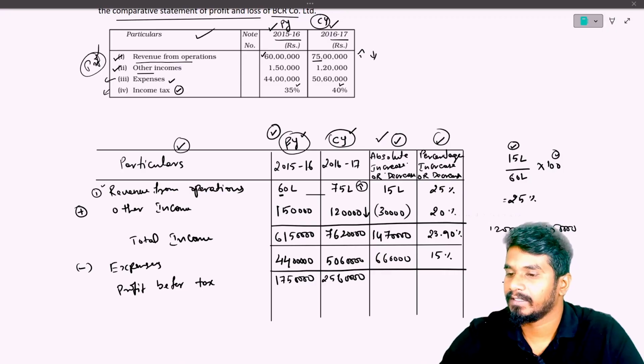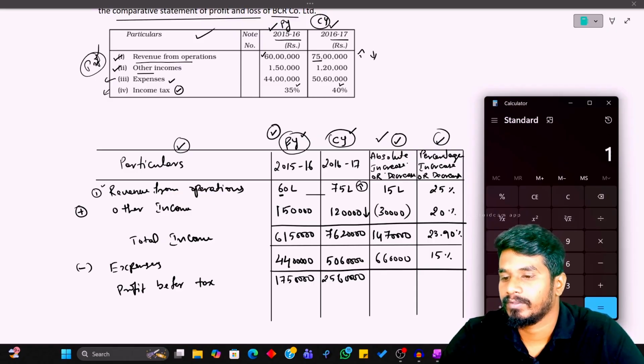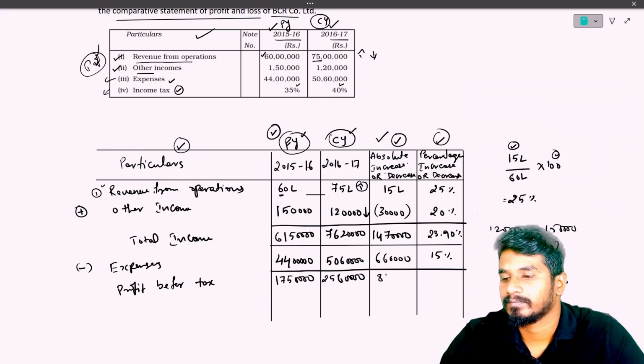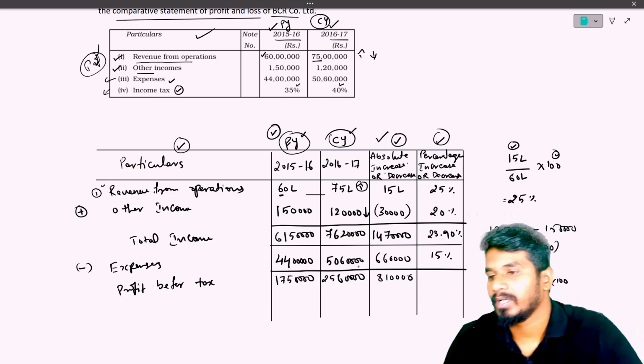Yes, it is correct. Now, we need to find out the change. We need to find out the absolute change. Just 14 lakh 70,000 minus 6 lakh 60,000 equals 8 lakh 10,000 is the profit before tax.